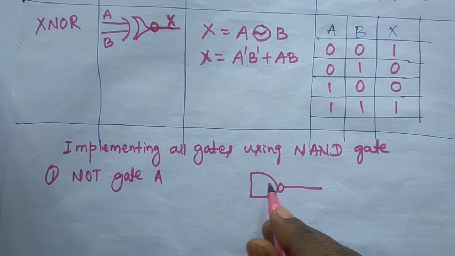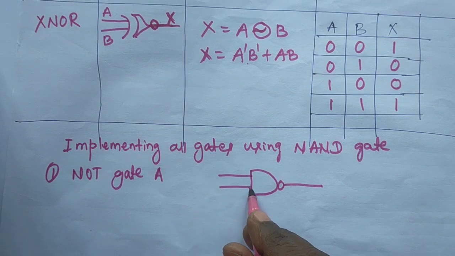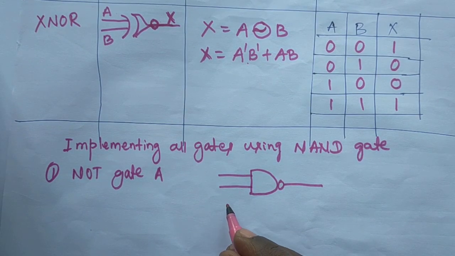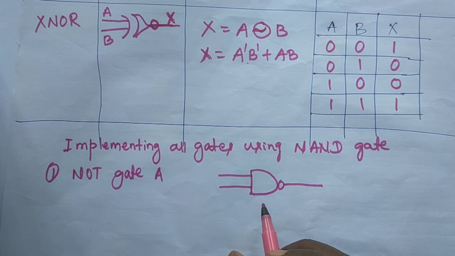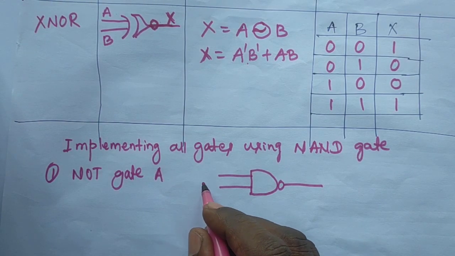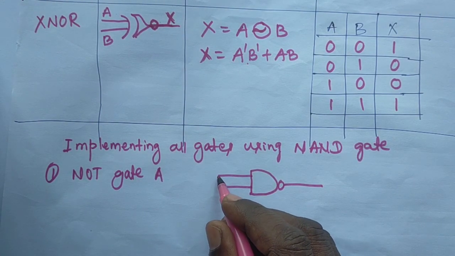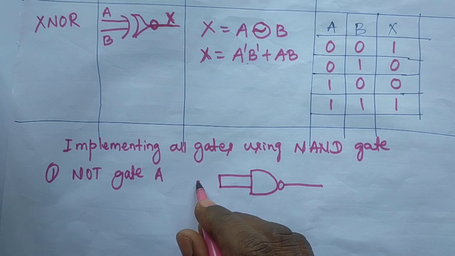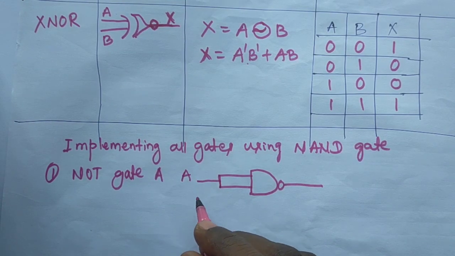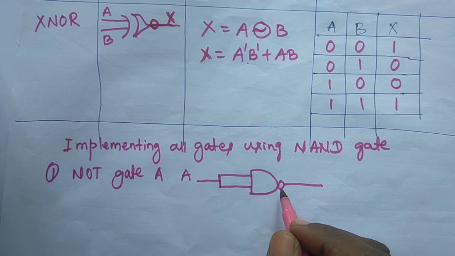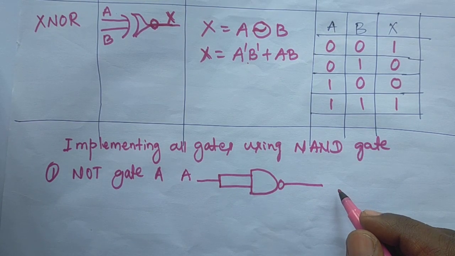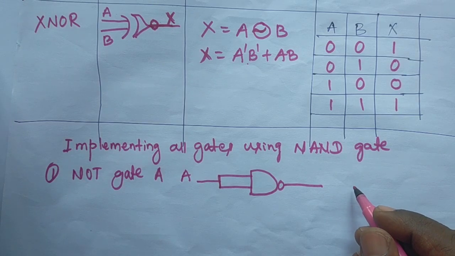This is the NAND gate. But you see, whenever we go through a single input A using the NAND gate, we just draw these two inputs in this manner, a very simple way. A is given as both inputs here, using the NAND gate. So how to get the result?